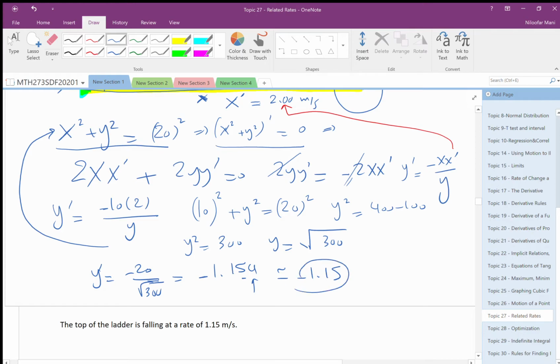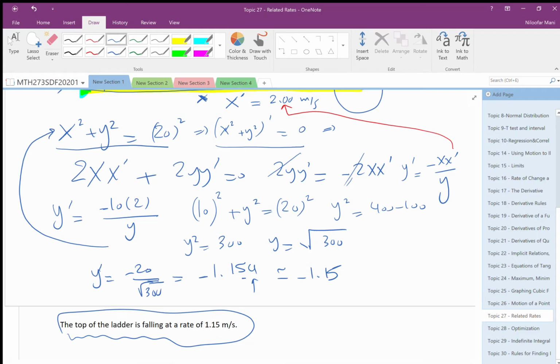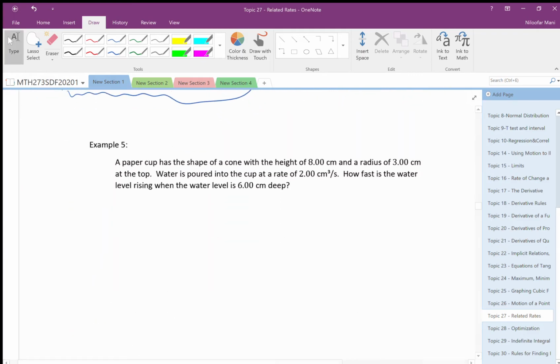Why minus? Because it's decreasing, because y is coming down. So I can say the ladder is falling at this rate. When I see negative, that's just direction, because it's decreasing. So, very nice. Now I can go to the next question.